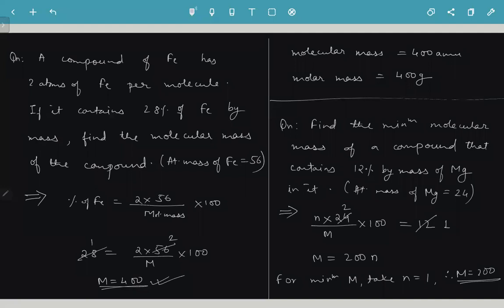Is the question clear? Is it understood to everyone? Shall I turn? Next we'll learn about empirical formula and molecular formula.